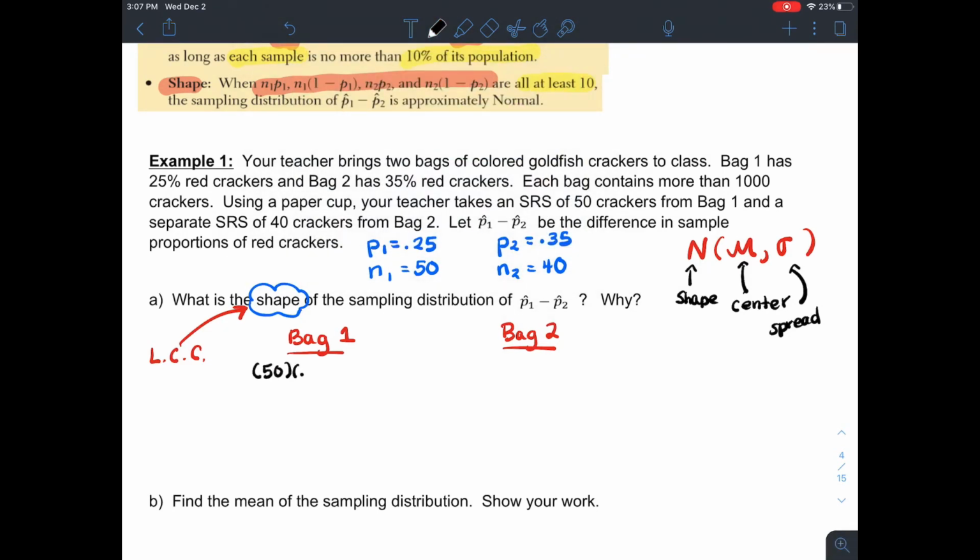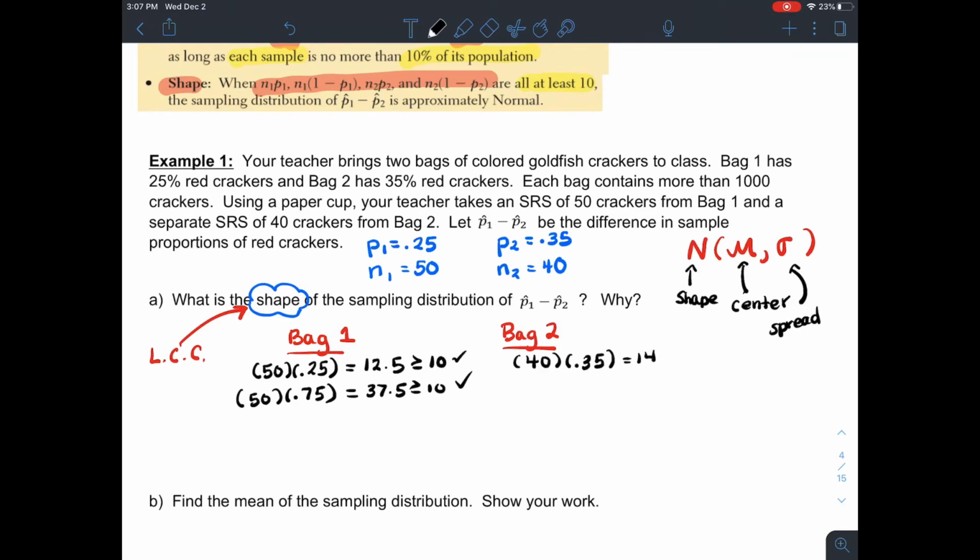So for bag 1, I need to show that the sample size of 50 times the probability of a success, which is the probability we get a red cracker, is definitely going to be at least 10, and then that 50 times the probability of a failure, 75%, not getting a red cracker, is also going to be at least 10. Okay, so that checks off good there.